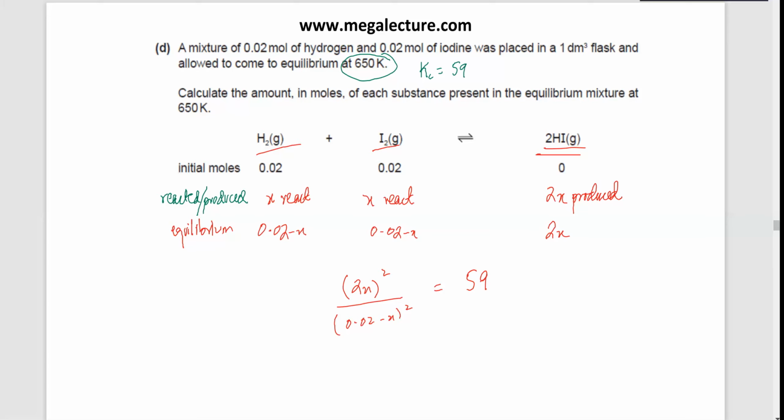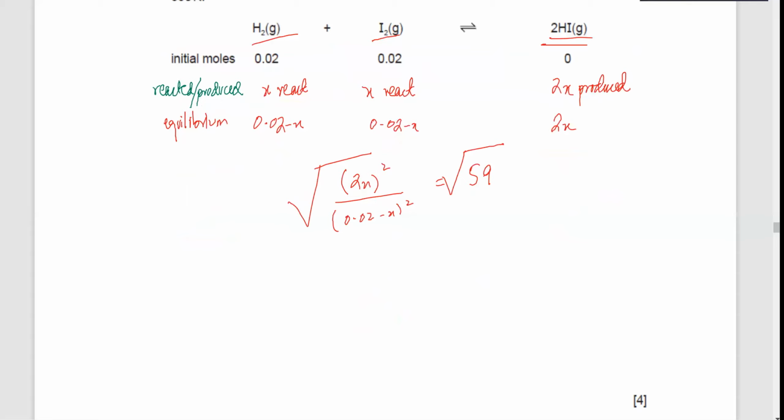And you can then solve this, take the under root. And if you take the under root, it's going to be 2x over 0.02 minus x is equal to 59 under root. We can get the 0.02 over here and the minus x over here as well. So it's going to be 59 under root.